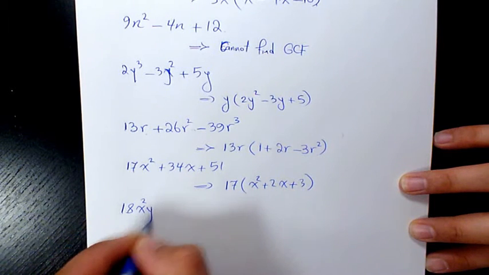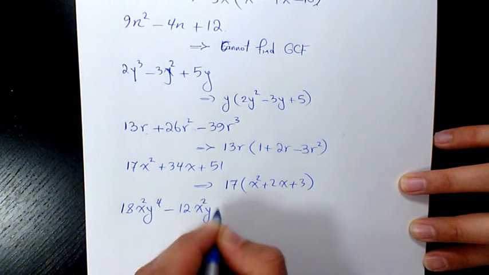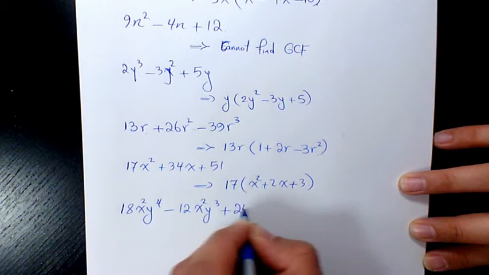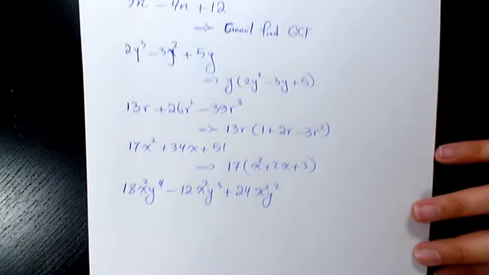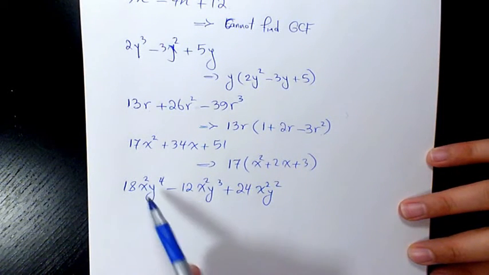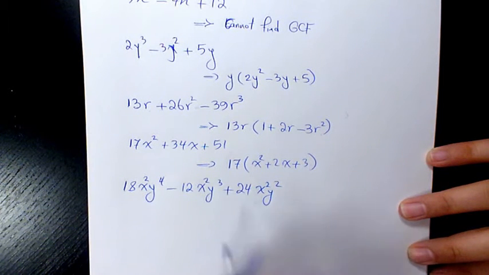18x squared y to the power 4 minus 12x squared y to the power 3 plus 24x squared y to the power 2. So here, let's look at x's first. Here we have x squared and x squared, so we can factor that. Y to the power 4, y to the power 3, and y to the power 2.